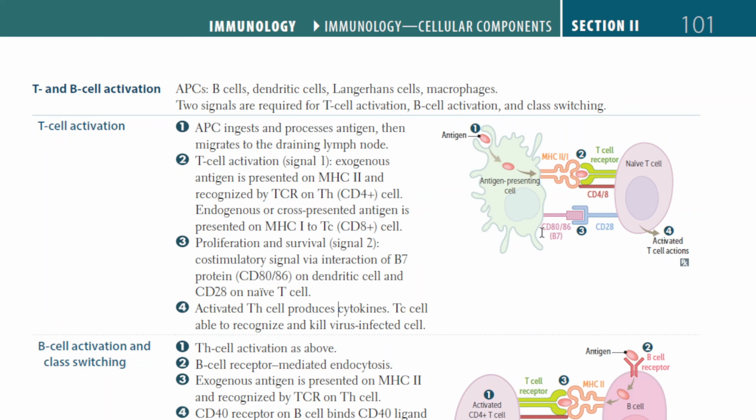So you can see this interaction of CD28 on the naive T cell with CD80 and 86, the B7 receptor.